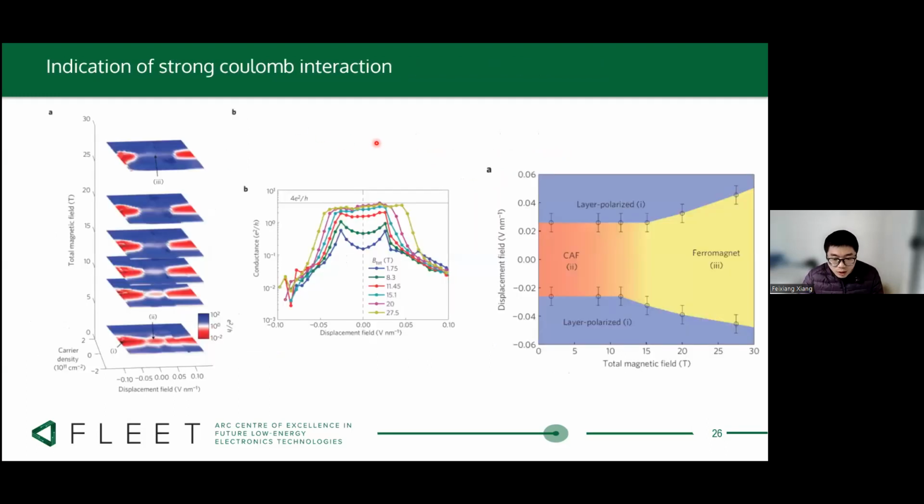So the previous measurement shows the candidate ferromagnetic to ferromagnetic transition by using independent field. This tells us we might need to include a Coulomb interaction for the modeling.